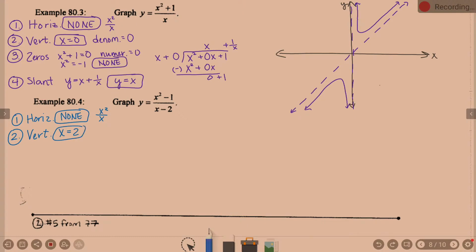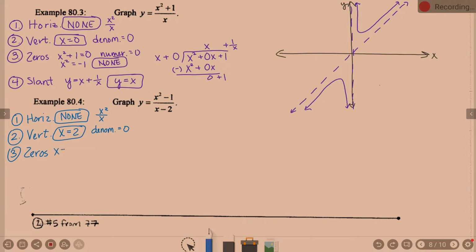X equals 2 because you set your denominator equal to 0. What about zeros? Plus or minus 1. Okay, this time we can do this, yes, because it's x squared minus 1.